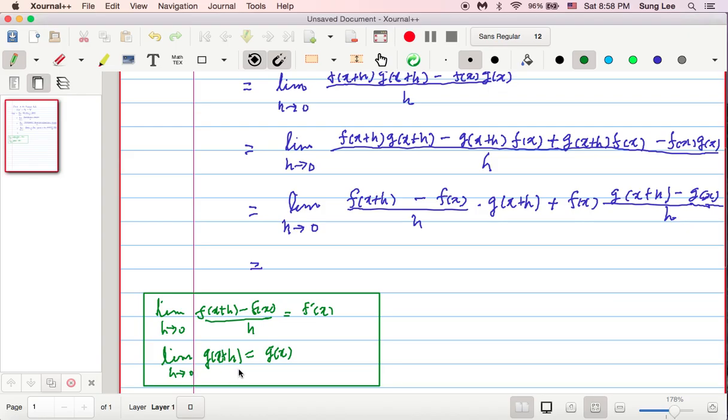So maybe I should write that down. So when g is continuous, this is the same as g of the limit as h goes to 0. So the limit can go inside the continuous function.